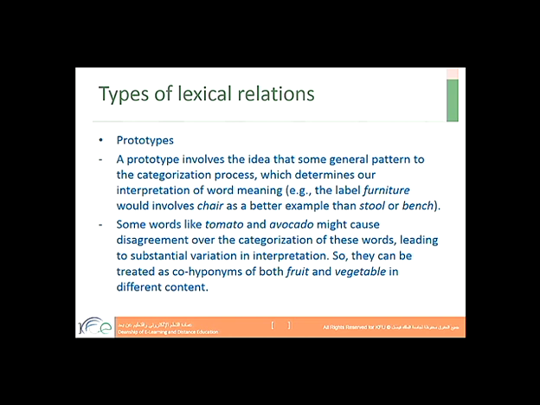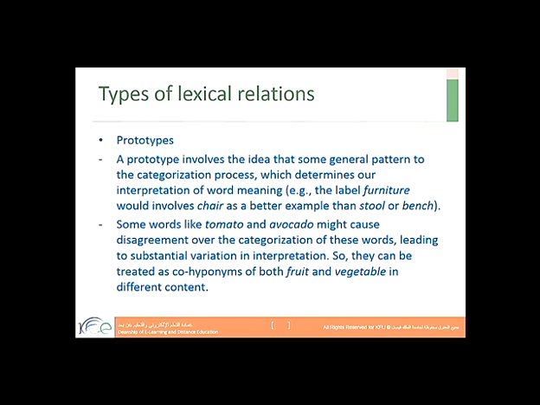Some words like tomato and avocado might cause some problems, since these two words are a little bit problematic because they can be described differently in different contexts. So, for example, when I say tomato, this can refer to a fruit and can also refer to a vegetable.